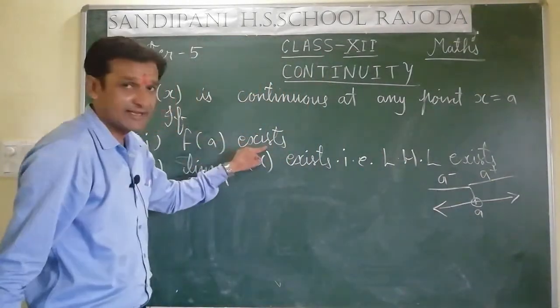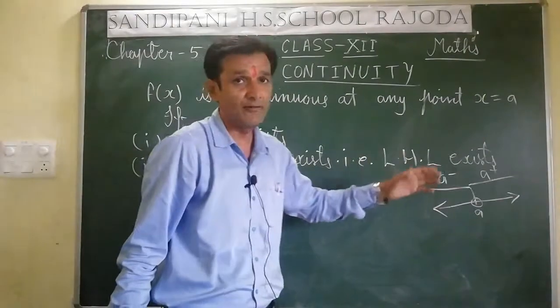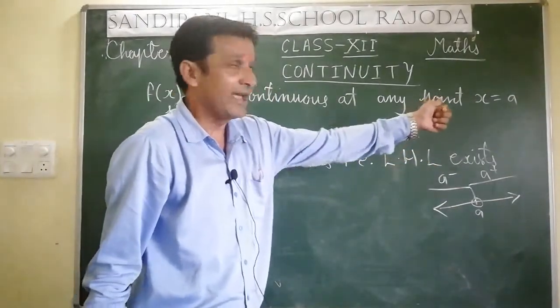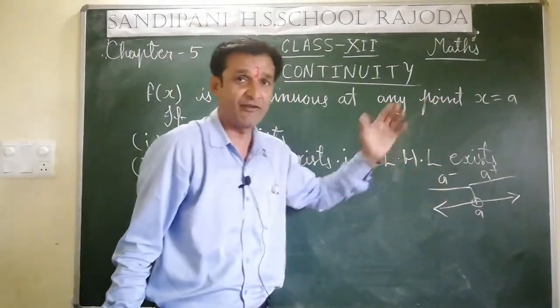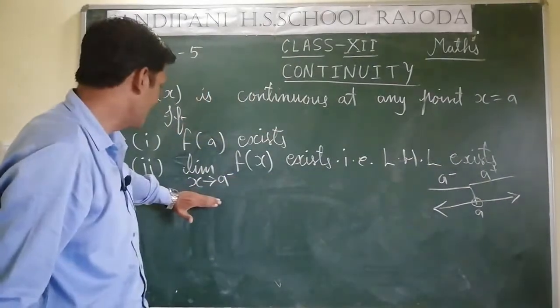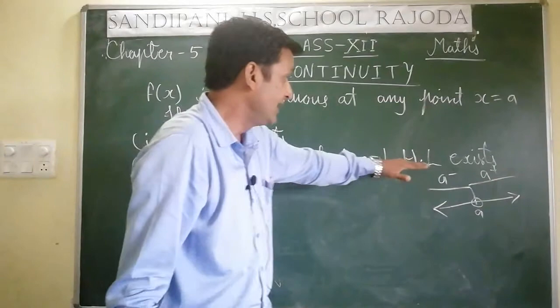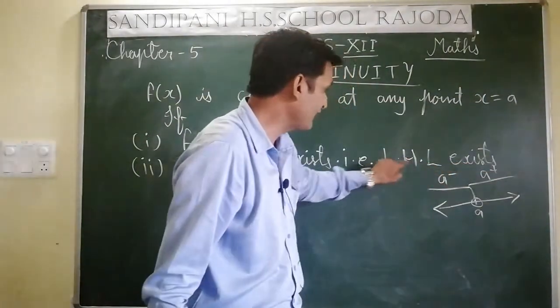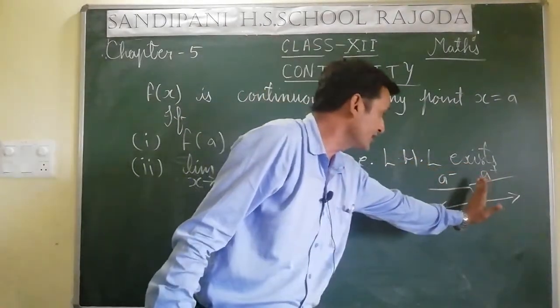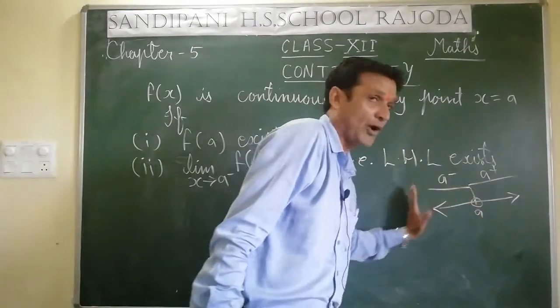F of a exists means we will have to put the value a in place of x in any function. Then afterwards, limit x tends to a minus f of x exists, that is LHL exists, means left hand limit exists, because it is left side of that particular point.